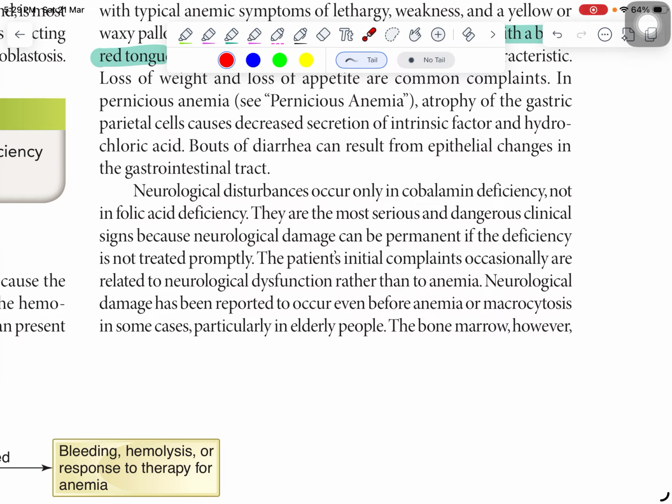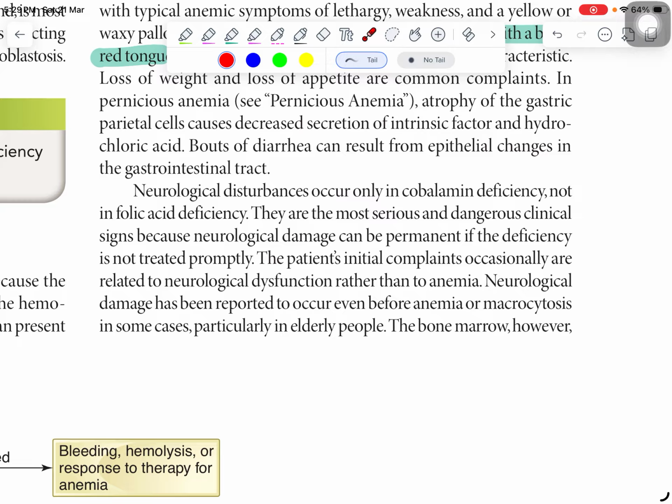Neurological disturbances occur only in cobalamin deficiency, not in folic acid deficiency. They are the most serious, dangerous clinical signs because neurological damage can be permanent if the deficiency is not treated promptly. The patient's initial complaints occasionally are related to neurological dysfunction rather than the anemia.